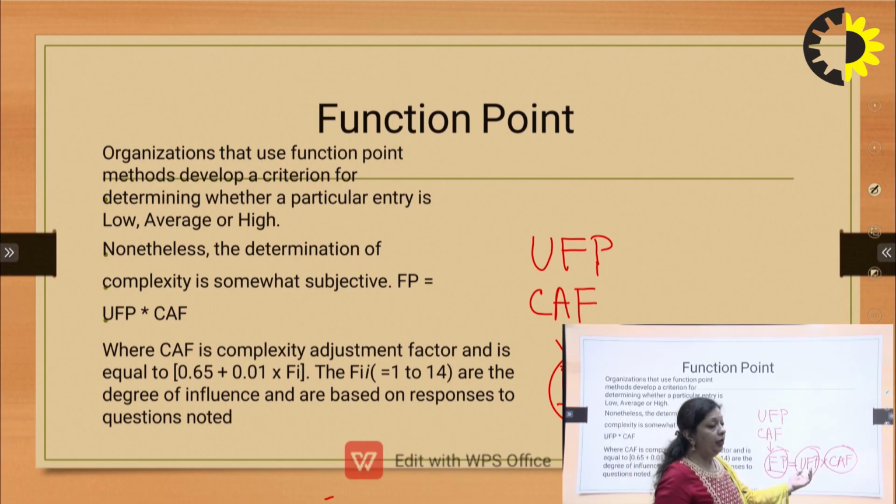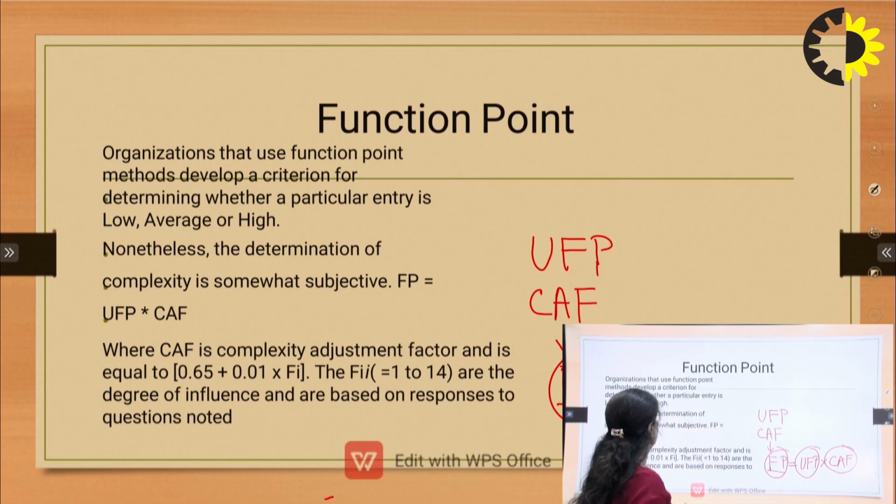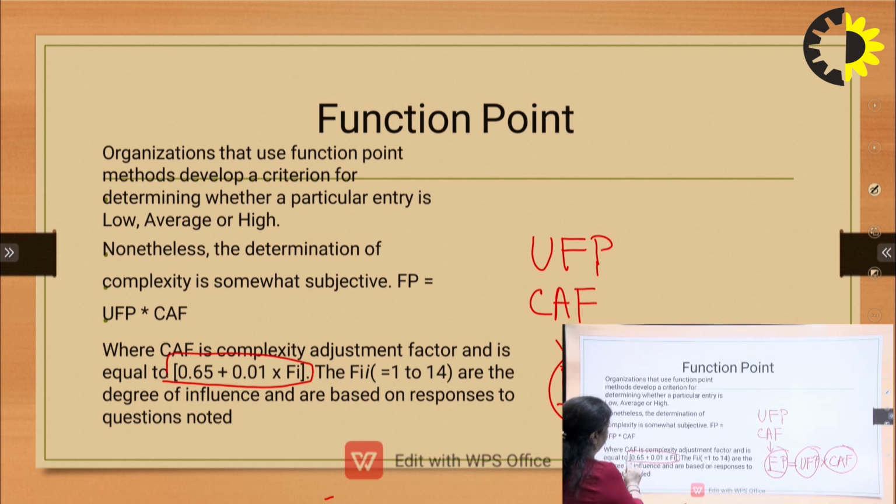So we have already come to know how to calculate UFP, that is the unadjusted function point. Now we are going to see how to calculate the CAF, so that finally we can come to FP. So whenever we are talking about CAF, we have to apply this formula. The only thing which is unknown here, all these are constant, but this Fi is going to be variable depending upon the information we are given about our code.